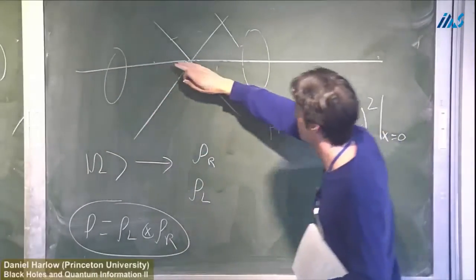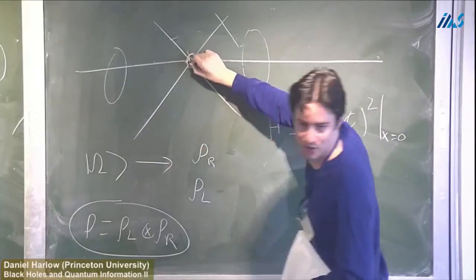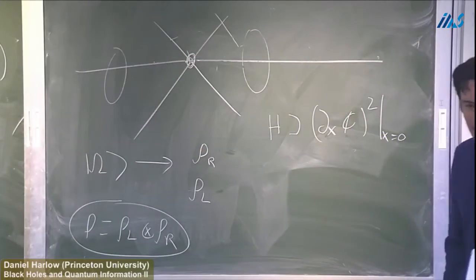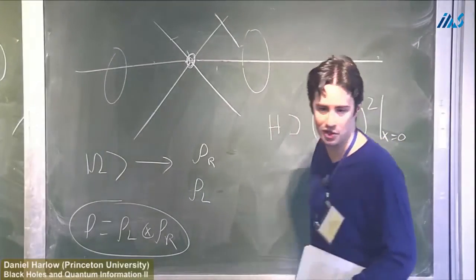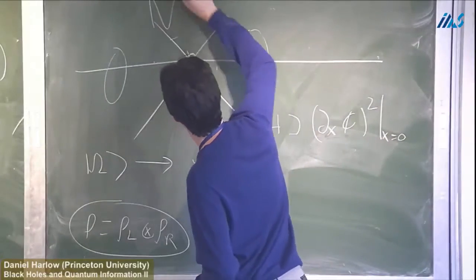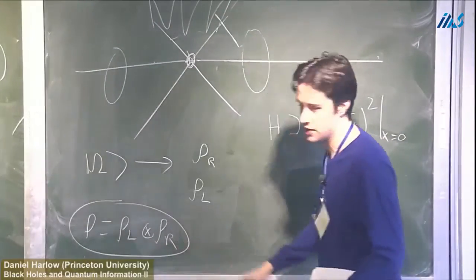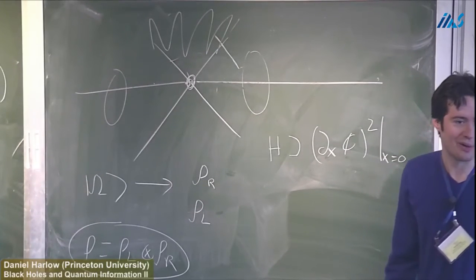There's no energy, so the energy can't be here. So it all has to be here, right at this point. Just sitting there waiting for you to discover when you jump across the horizon, okay? So there's something terrible going on up here in this state. And the something terrible is called a firewall.